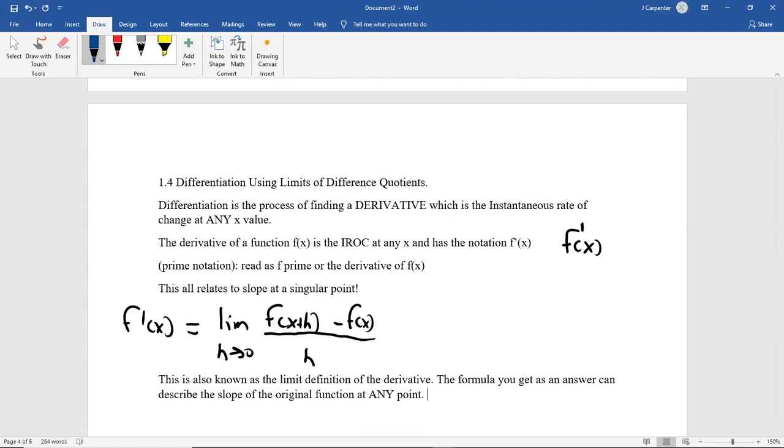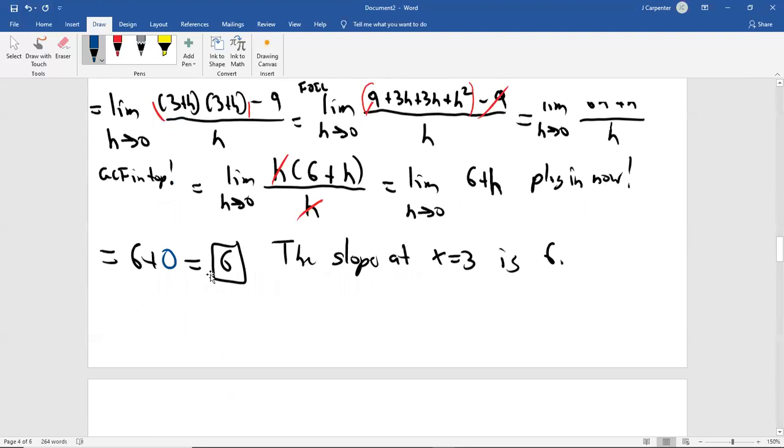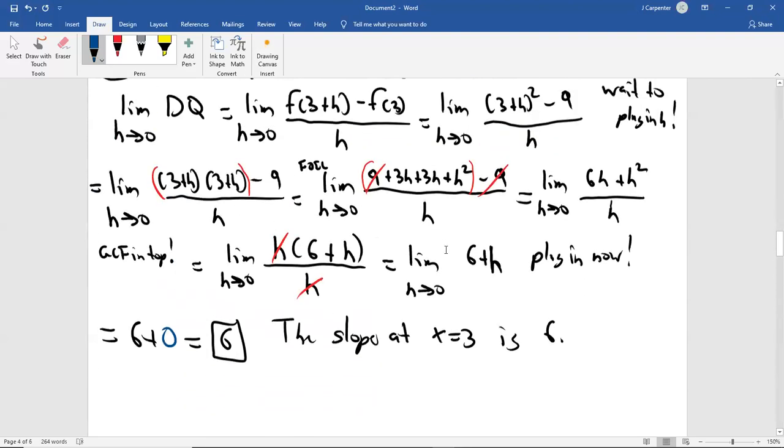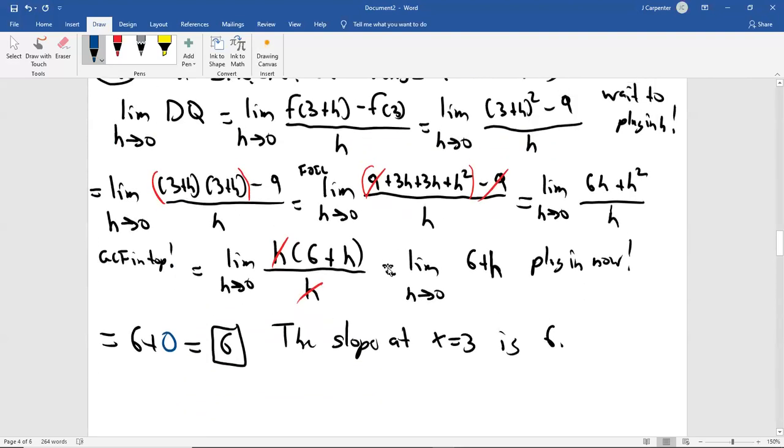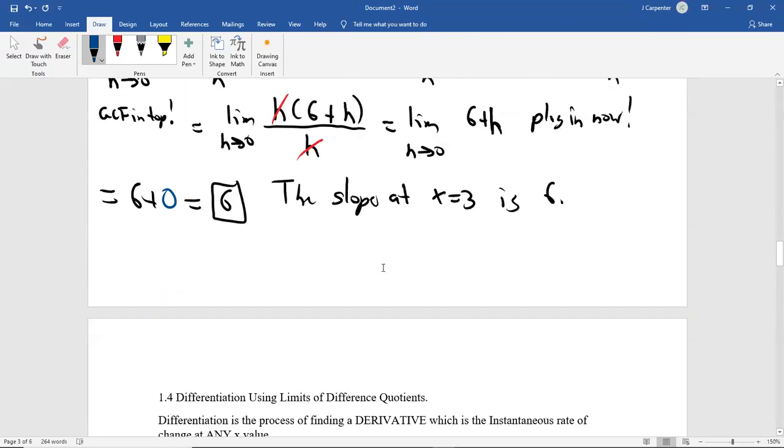So we don't have to do the difference quotient for an x value of 3, then at an x value of 6, then an x value of 9. You don't have to do all that crazy math we did last time. You just do it once. And then at the end, you get a formula to plug your numbers in that will be much, much simpler. Like me, I knew this answer was 6 because of that simple formula. It makes things a lot easier.